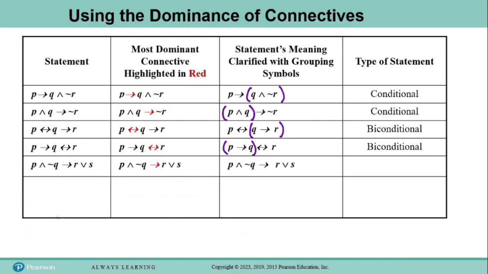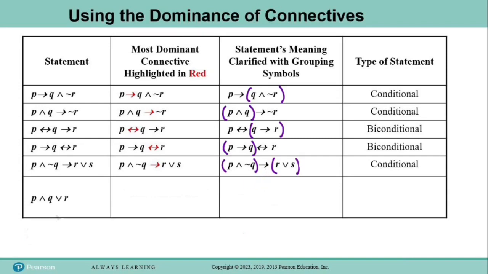And so when we go to the next column to put our parentheses, we will put all of this in parentheses before the conditional and all of this in parentheses after the conditional. So this statement would say, if P and not Q, comma, then R or S. And because the conditional is the most dominant, this is a conditional statement.